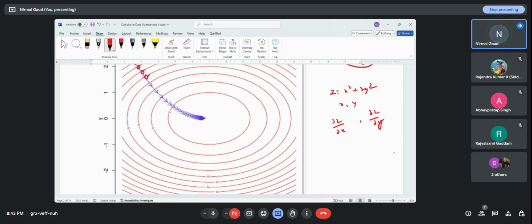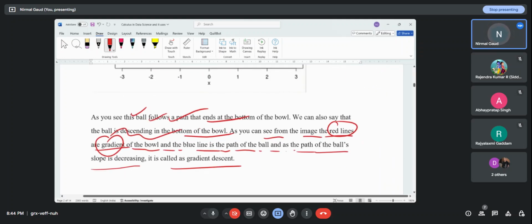So del z by del x will be 2x, and del z by del y will be 4y. And whatever the coordinates of a point are, whatever the x and y values are, just put those values in.